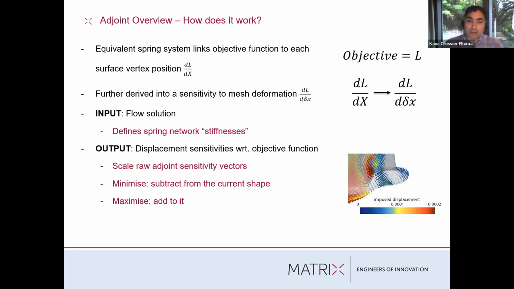So if you're minimizing the objective function, you'll be subtracting that vector field from the geometry. And if you're maximizing, you'll be adding to it. In practice, you either have to think about it very carefully or guess and check: is my objective function increasing as I go through the solution, or is it decreasing? I'll reverse the sign of the scaling on those vectors. So that sort of thing.